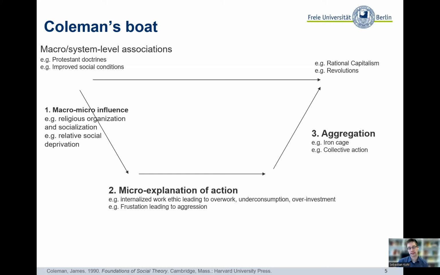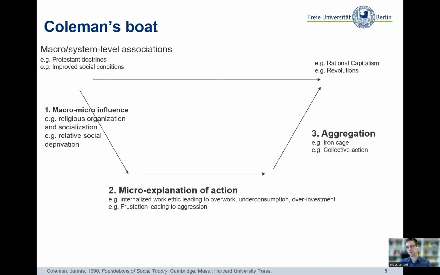And in this explanation of revolution, the improved social conditions had generated more and more expectations, in a way of a linear extrapolation, that conditions would improve even further. And relative to this expectation, there was more and more frustration, which on the individual level led to more aggression.